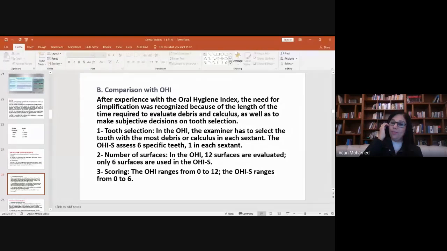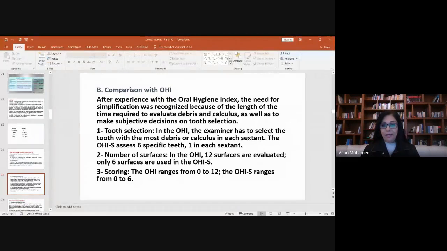This is some comparison with the oral hygiene index. To simplify it for you, I just mention the difference. For example, in the oral hygiene index, the examiner should select the tooth with most debris and calculus in each sextant. The simplified oral hygiene index assesses 6 specific teeth.